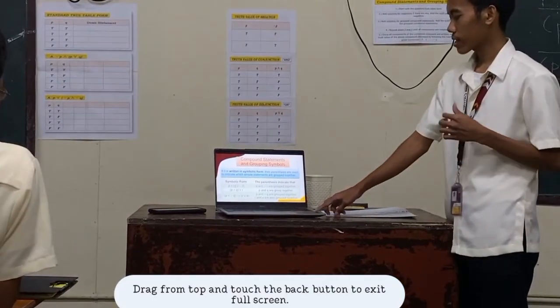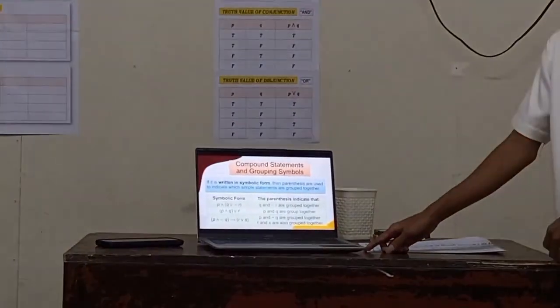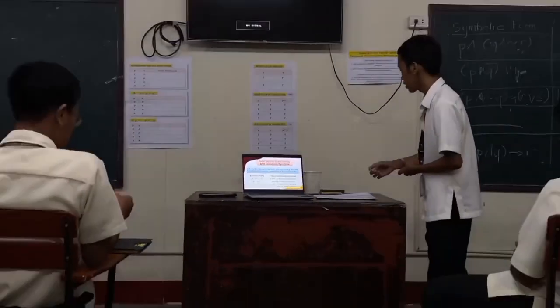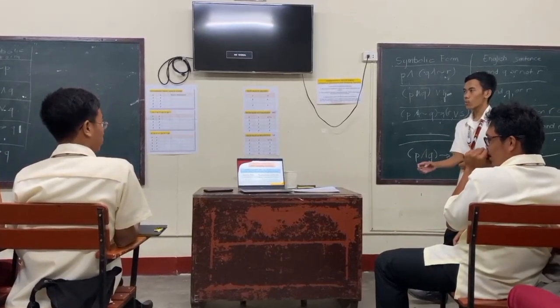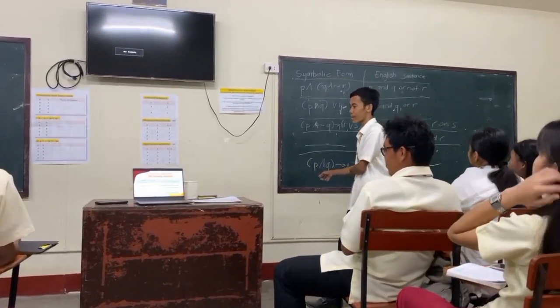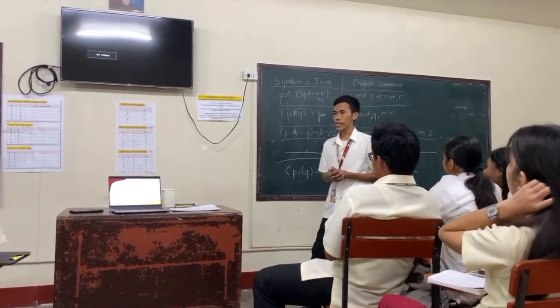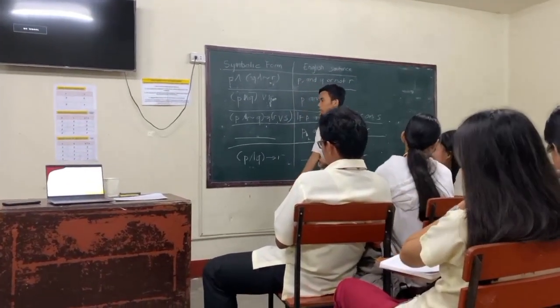The next part that we are going to talk about is all about compound statements and grouping symbols. So let's assume that we want to combine the negations, conjunctions, disjunctions, conditional and biconditional. How are we going to do that? By using the grouping symbols.